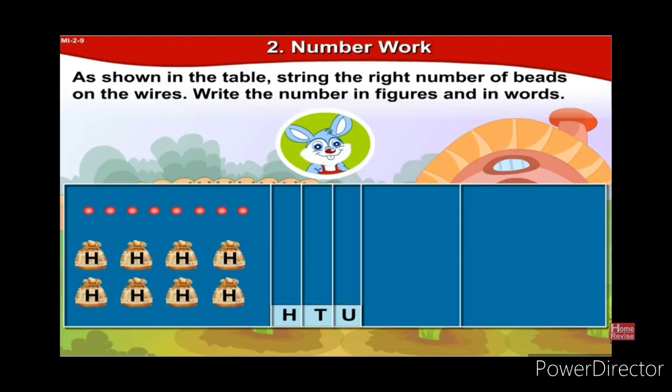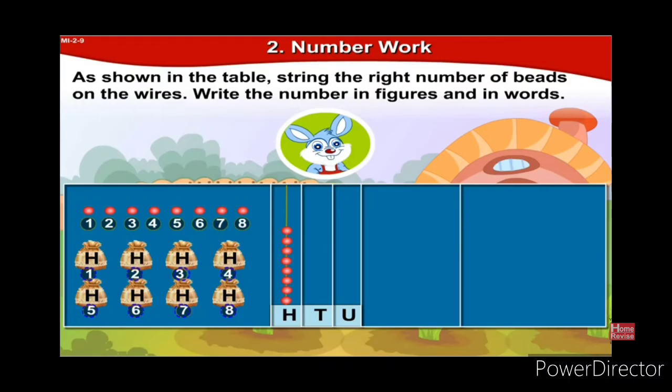We have units first. So we will count the extra beads first. 1, 2, 3, 4, 5, 6, 7, 8, which means 8 units. There is no tens. Let us count the hundreds then. 1, 2, 3, 4, 5, 6, 7, 8. 8 hundreds.